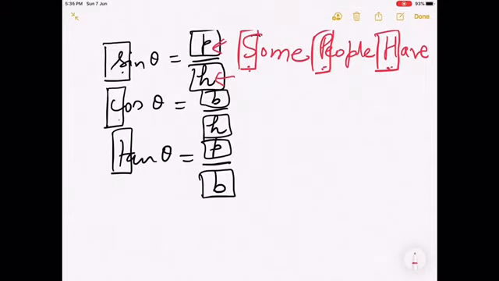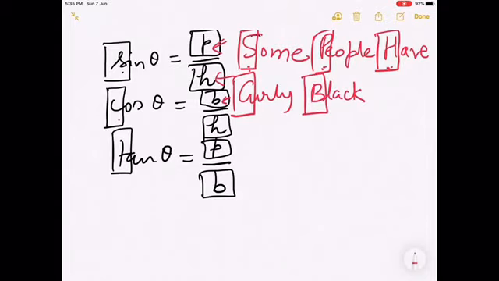Now same way we take the other. Some people have. Then the next comes C. So we write "curly". So we get the C here. Then we write base. We have to write B. So we write "black". Some people have curly black hair. So it becomes cos is base upon hypotenuse, and then next is tan.